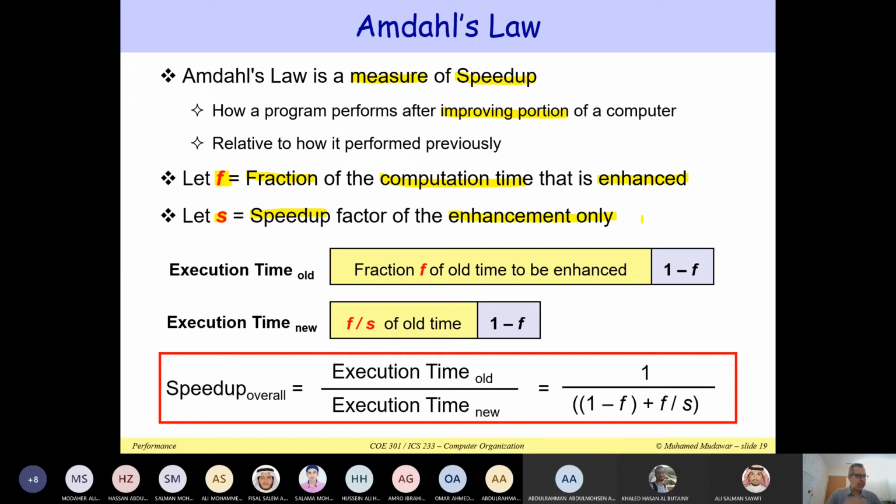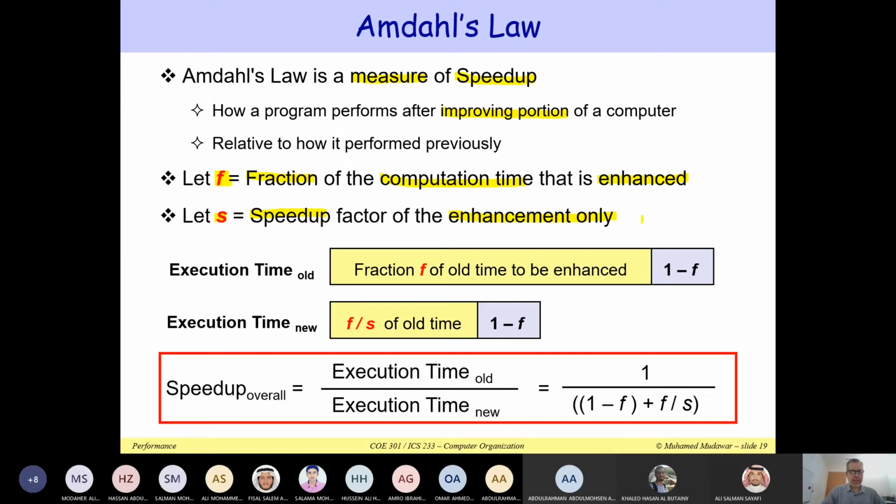For example, let us say we have an old CPU, or we have two CPUs, both for the same instruction set architecture: an old version and a new version. For simplicity, let us say the engineers looked at the old version and found that the multiplier in the hardware is very slow.